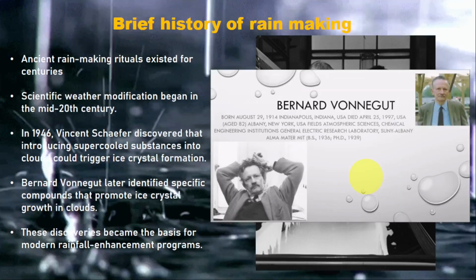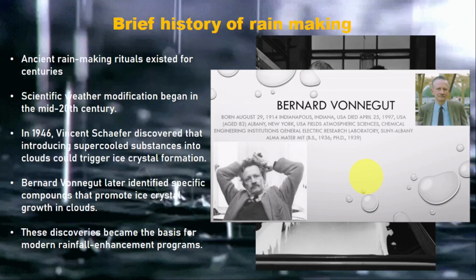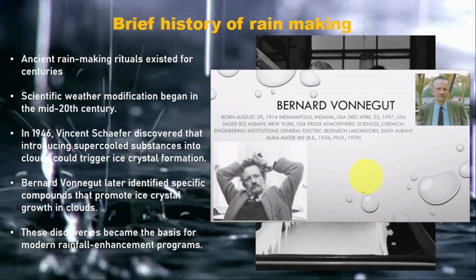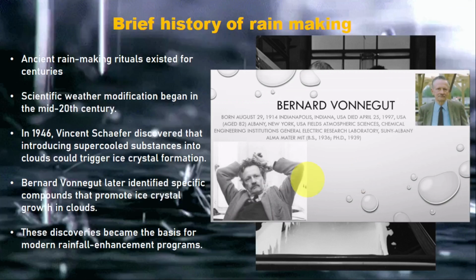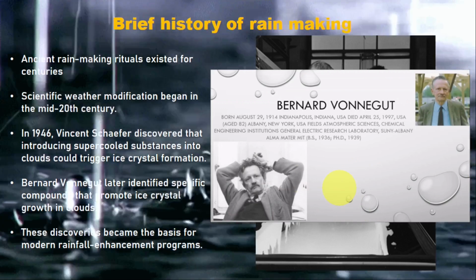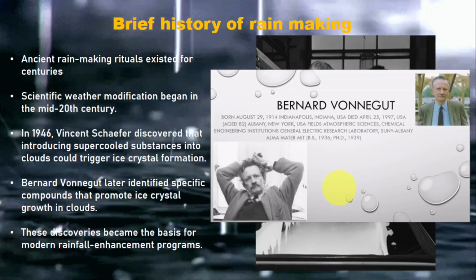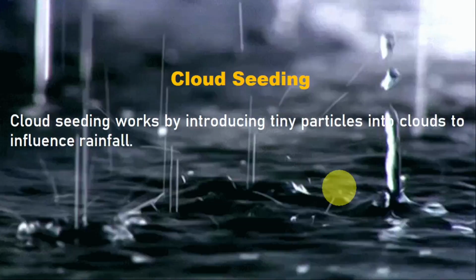And later on, Bernard identified those specific compounds that promote ice crystal formation in clouds. These discoveries later became the basis for modern rainfall enhancement programs that we use today.